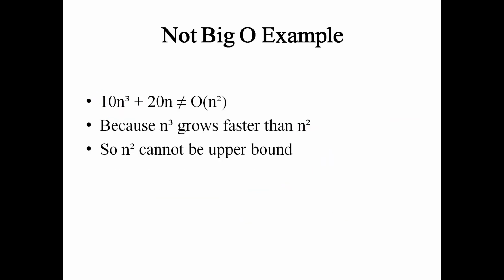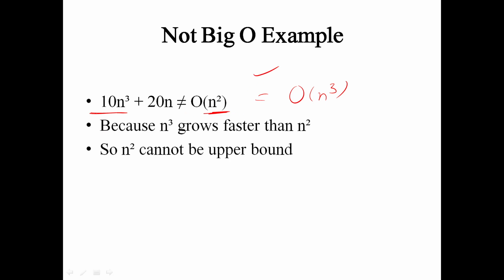Here the given function contains n cube. Say 10 n cube. This contains n cube, but we are trying to bound it using n square. They are asking us to show 10 n cube plus 20 n is equal to order of n square. It would be equal to order of n cube, then that would be correct.